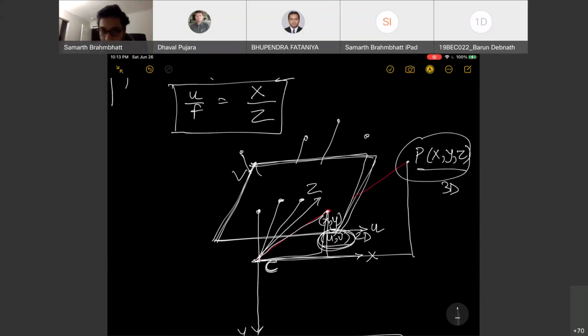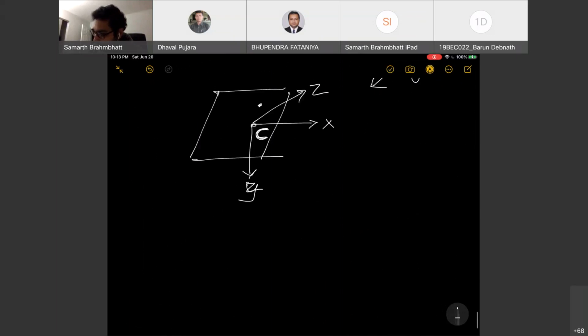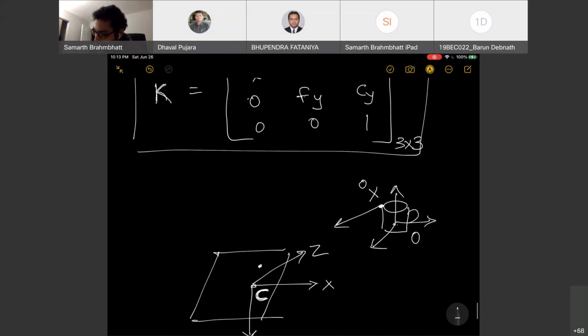It was in the camera's own coordinate system. But now we are introducing a new coordinate system of the object. So the mug might be 5 centimeters tall, so this point might just have 5 centimeters along the z-axis. But with respect to the camera, it might be at some totally different reference point.